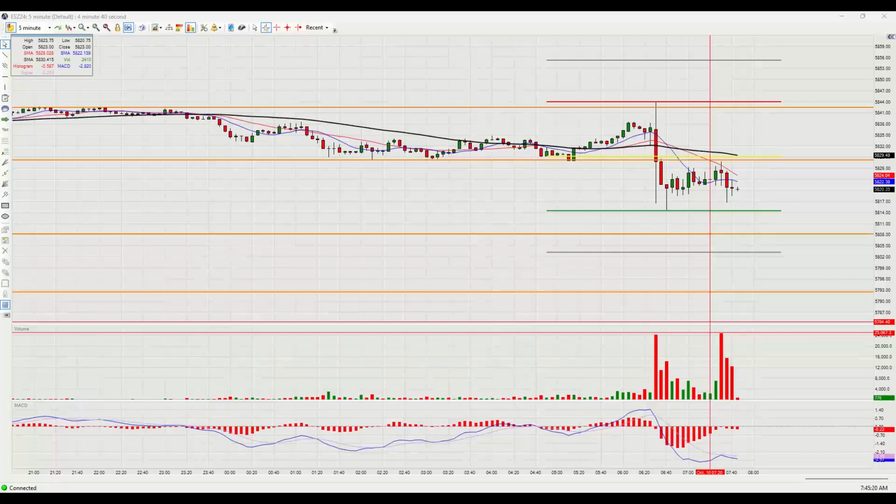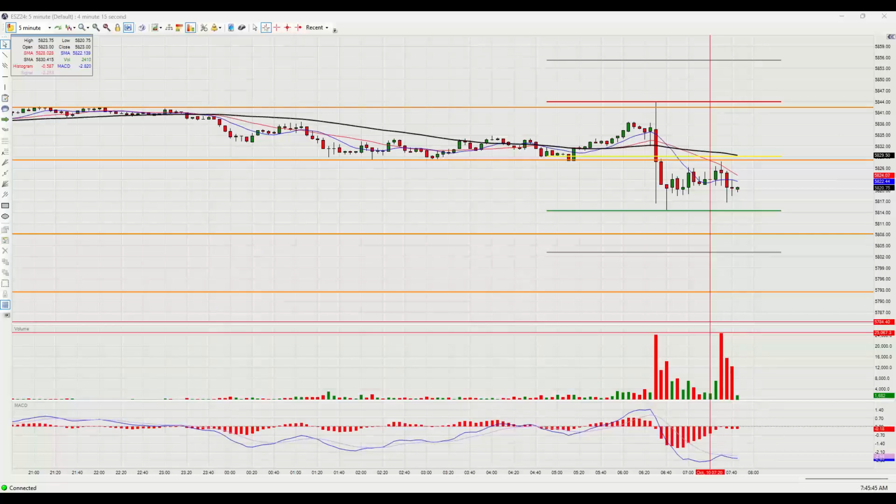So in a 5 or 6 point range bound market, it's going to test both directions. And so I want to wait for one of them, the test to happen.